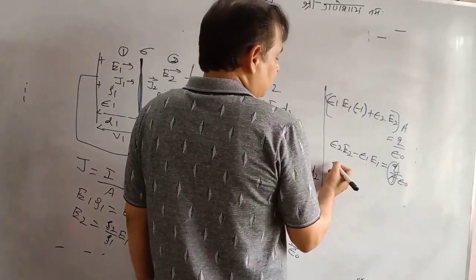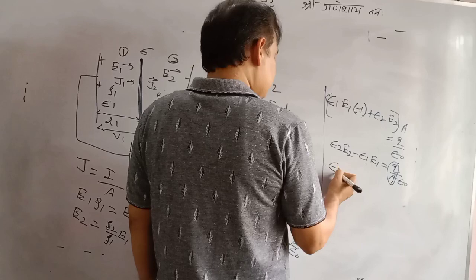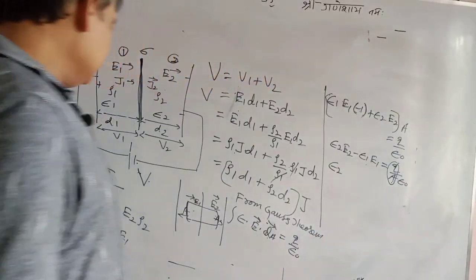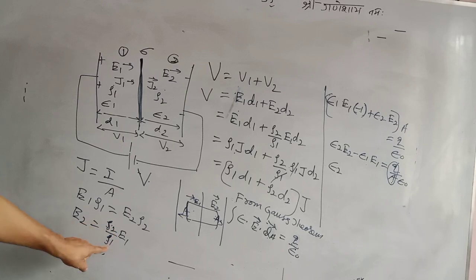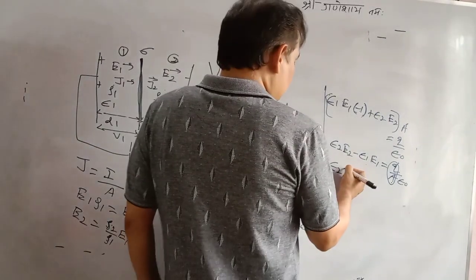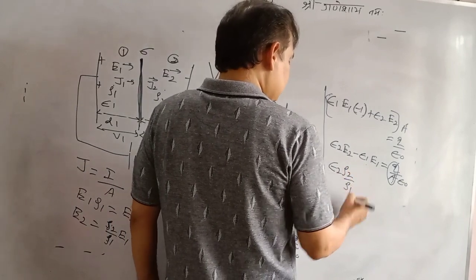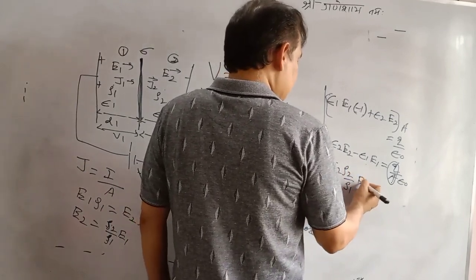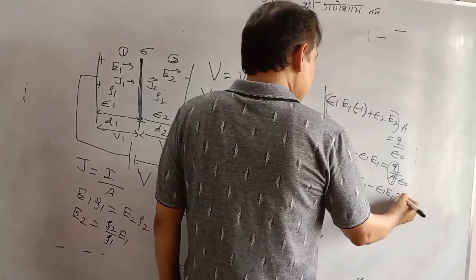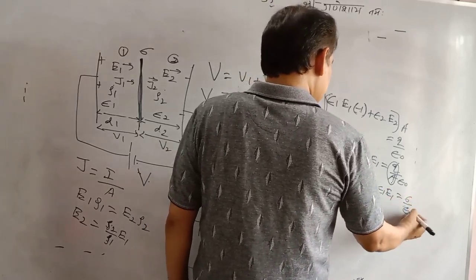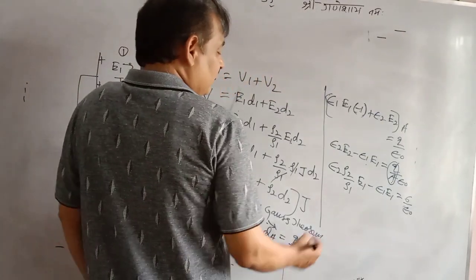So we can have epsilon2. What about E2? E2 can be written down in terms of E1. Here rho 2 by rho 1 E1 is E2. So epsilon2 rho 2 by rho 1 E1 minus epsilon1 E1 is sigma by epsilon naught.